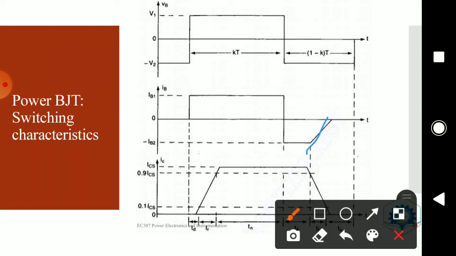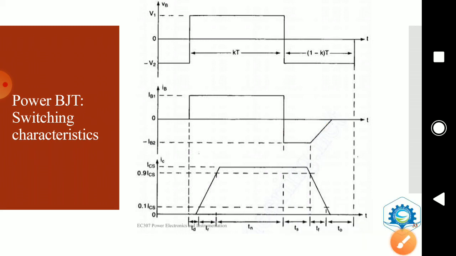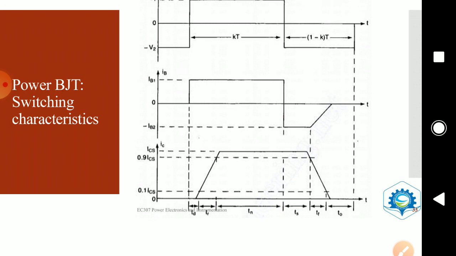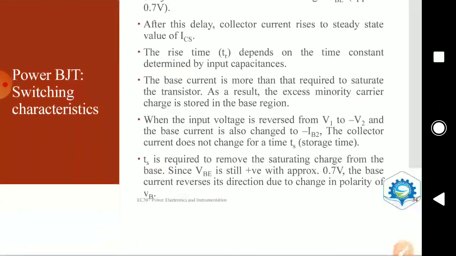At this time, the transistor has been completely turned off, and the time required for the collector current to fall from 90% of the value to 10% of the maximum value is called the fall time. And we can just see the equations given.